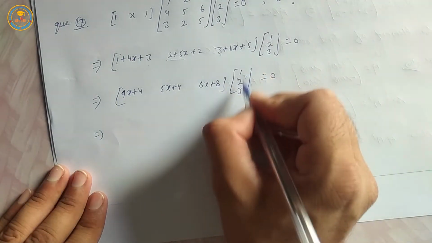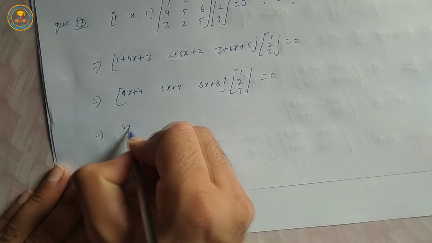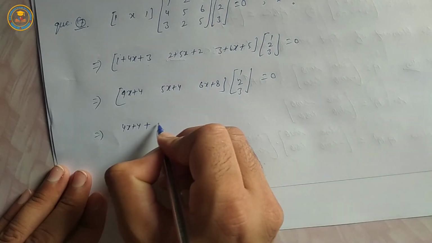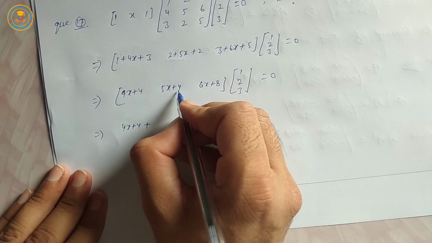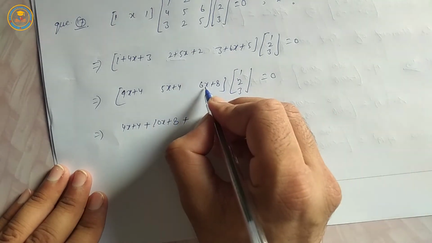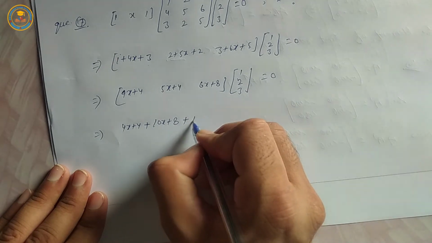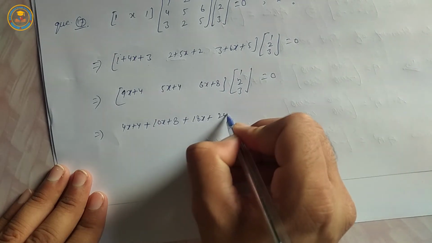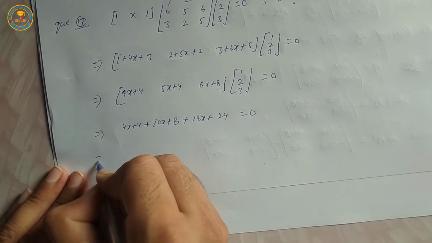First row into first column, 4x plus 4 plus 2 into 5x plus 4, 10x plus 8 plus 3 into 6x plus 8, 18x plus 24 is equal to 0.